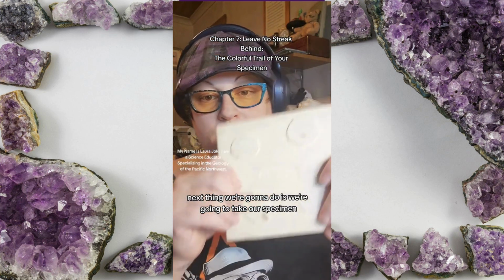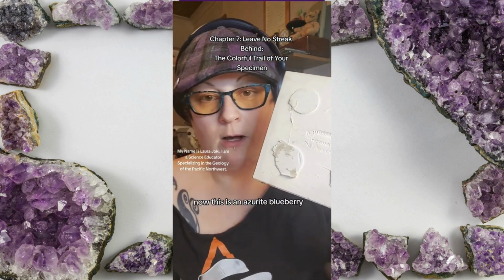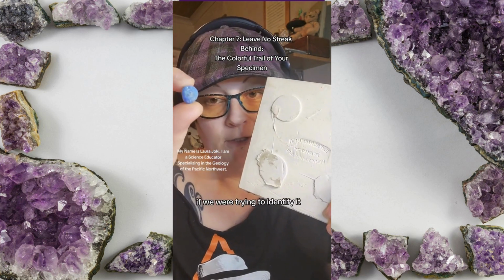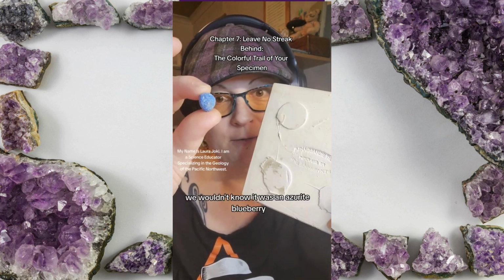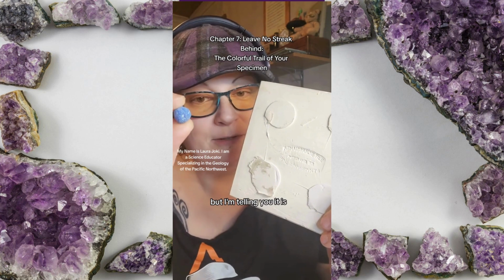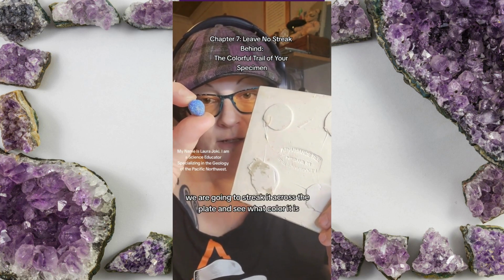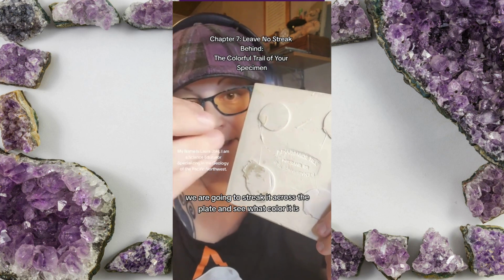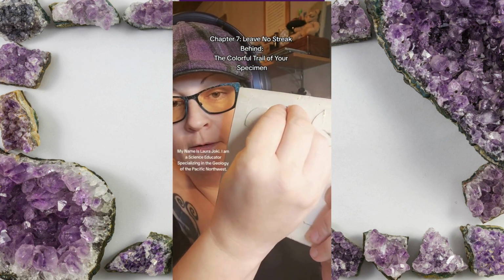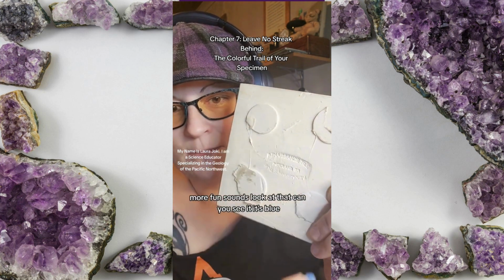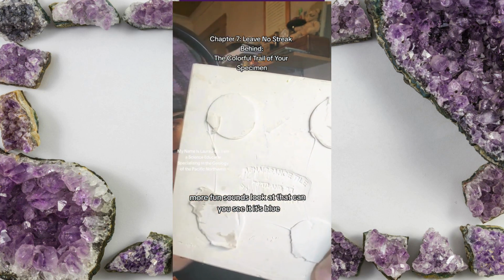Next, we're going to take our specimen. This is an azurite blueberry. If we were trying to identify it, we wouldn't know it was an azurite blueberry, but I'm telling you it is. We are going to streak it across the plate and see what color it is. Let's find out. Look at that.